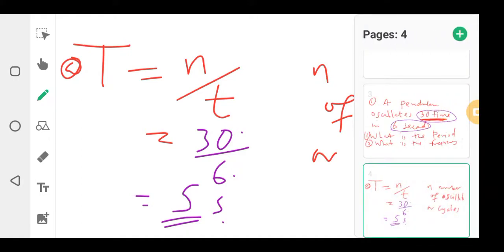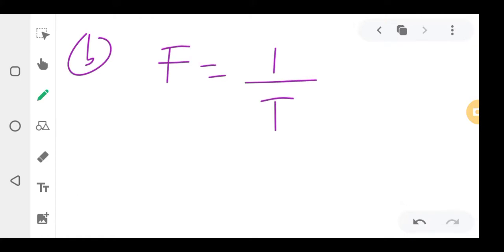And then part B, they said calculate frequency. Frequency is equal to 1 over periodic time. Frequency has got 2 formulas, it's up to you to use. You can use 1 over periodic time, or you can flip the formula for periodic time, which is number of turns over time.